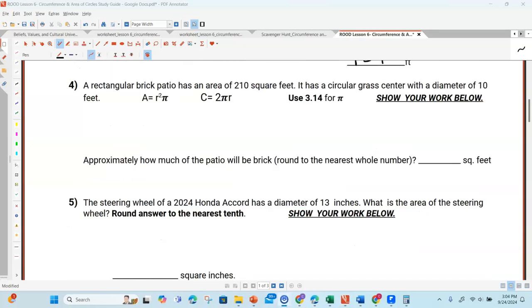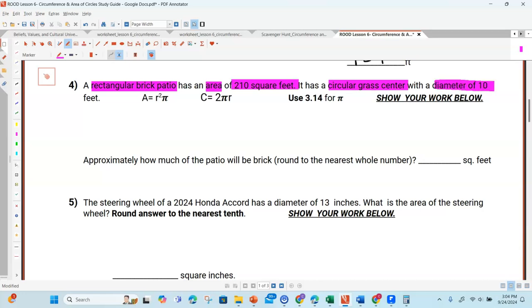All right, number 4. A rectangular brick patio has an area of 210 square feet. It has a circular grass center with a diameter of 10 feet.